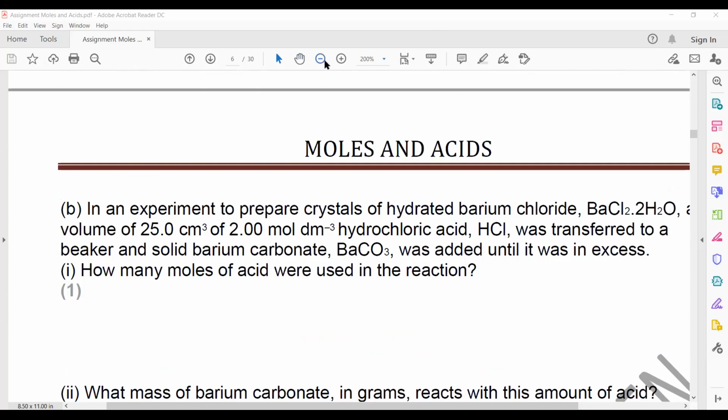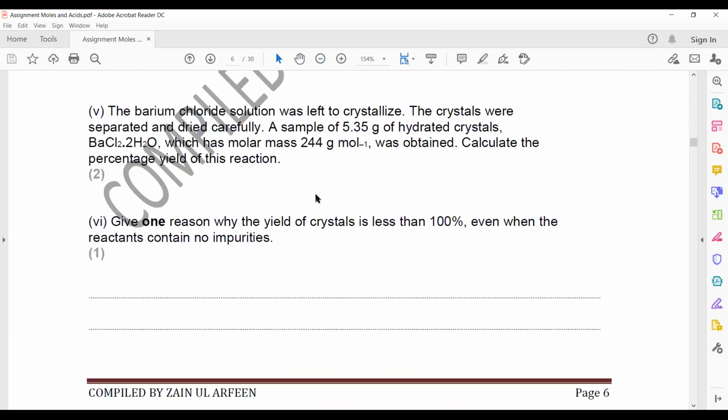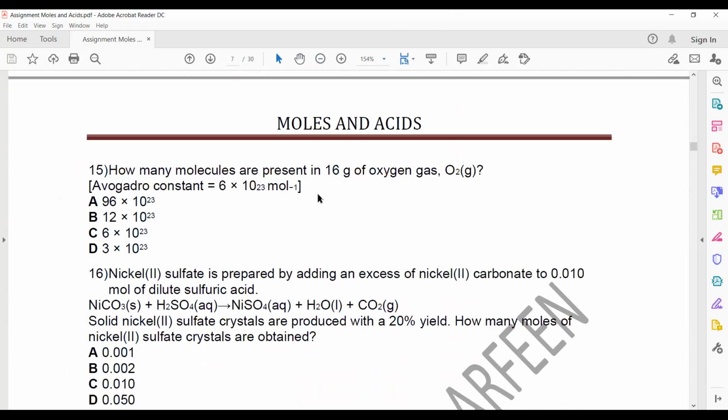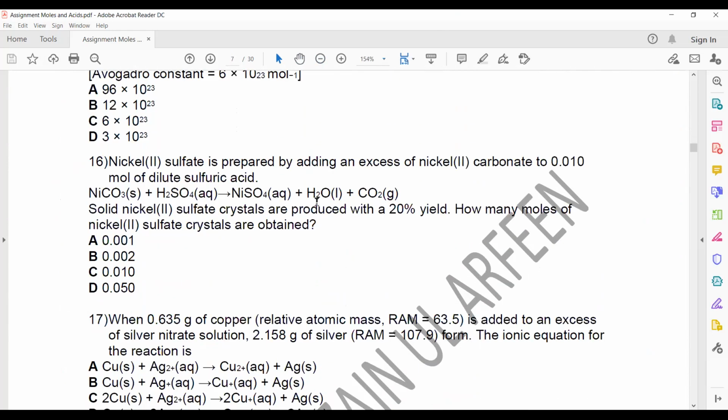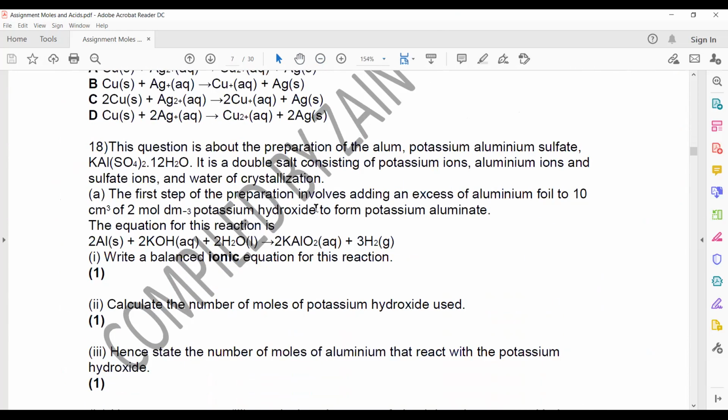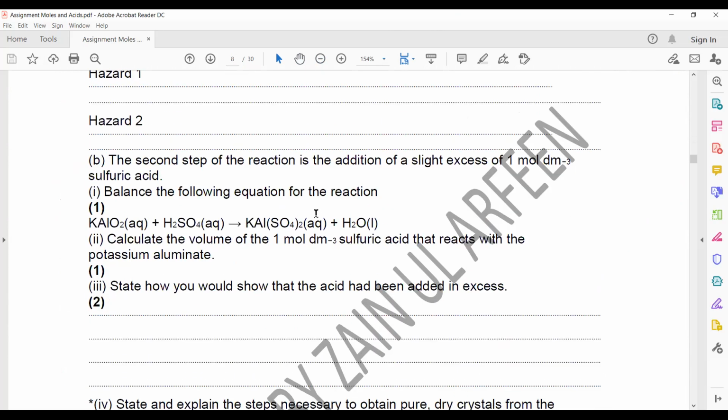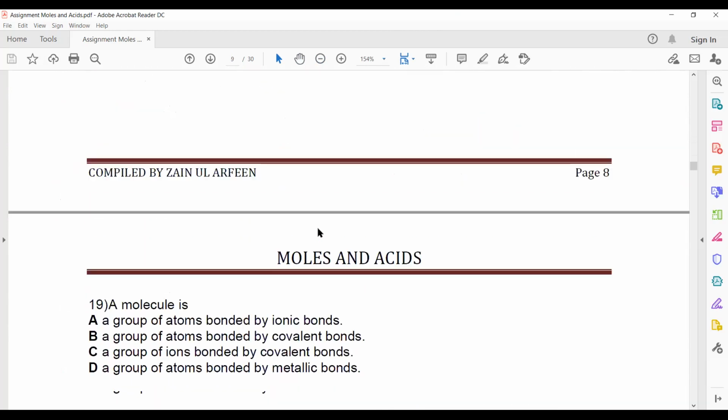Some questions I want you to solve. I will share them after completing a topic, so that you can solve the questions because it is related to acids as well.